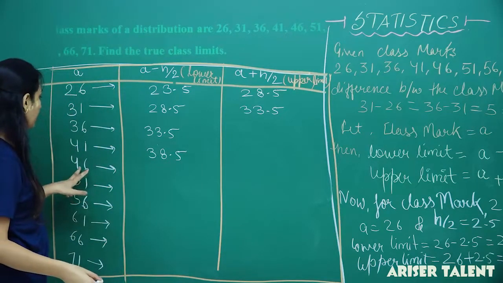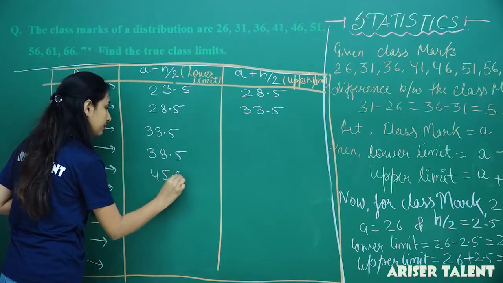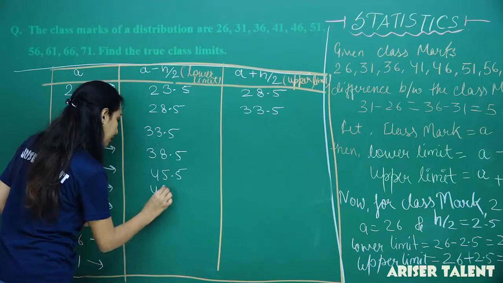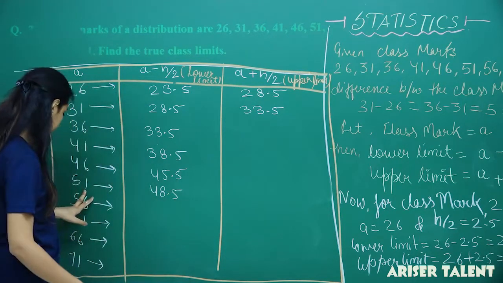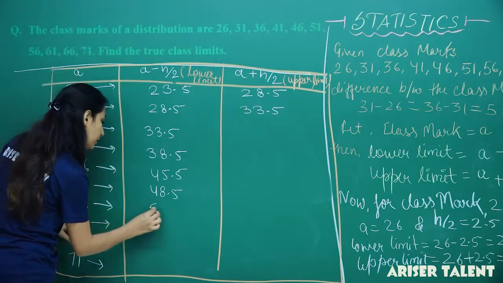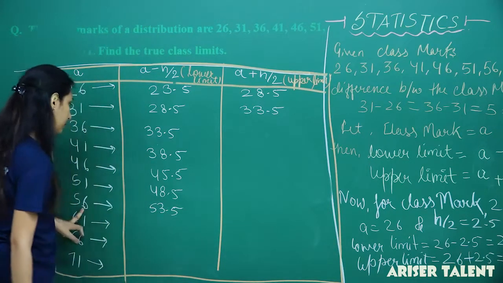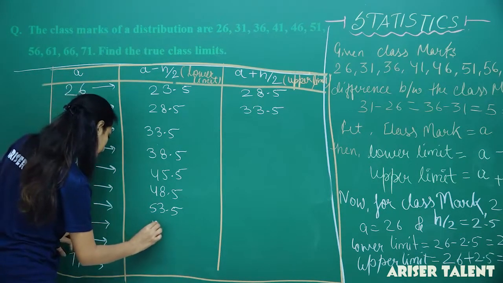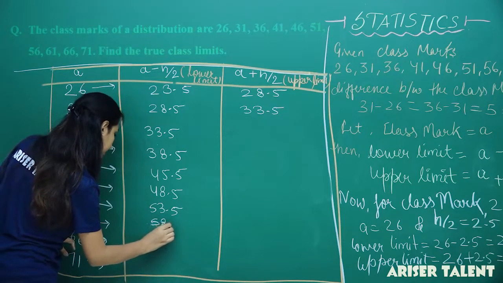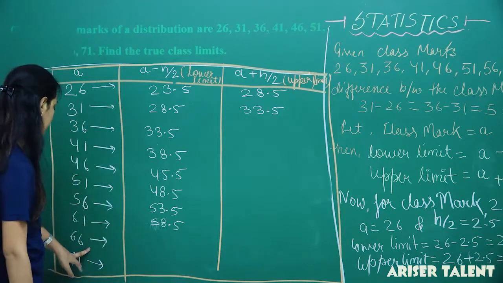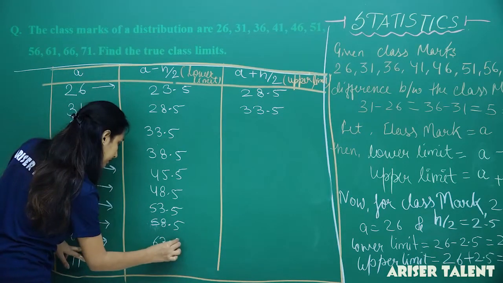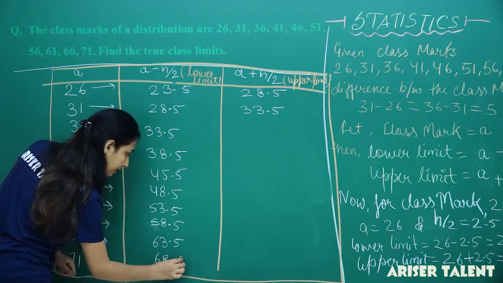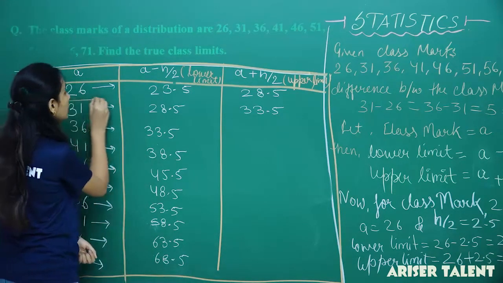Here 46 gives 43.5. 51 minus 2.5 is 48.5. Then 56 gives 53.5. Then 61 gives 58.5. 66 gives 63.5, and 71 gives 68.5.